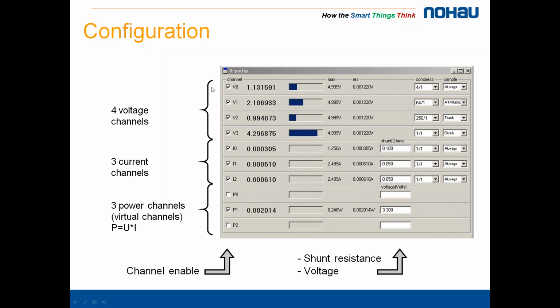So I need to say which of the 4 voltage channels and which of the 3 current channels I would like to use. So if, let's say, I'm using channel I2, I need to tell Trace32 the value of the shunt resistor. So how many ohms is this?